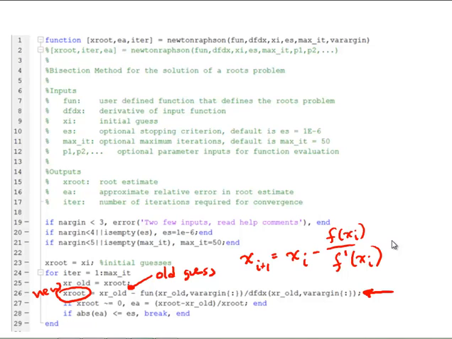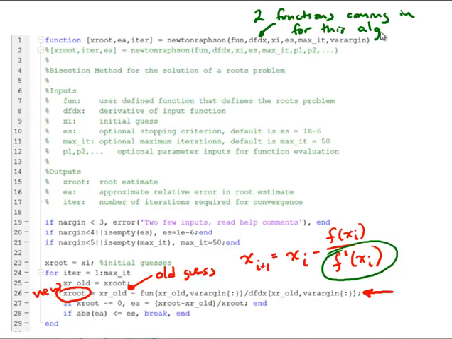Another difference here is we need f prime, and we bring that in as the second input. So we have actually two functions coming in here for this algorithm, not just one.